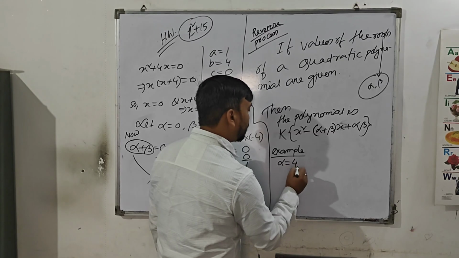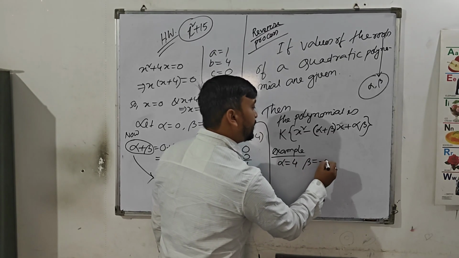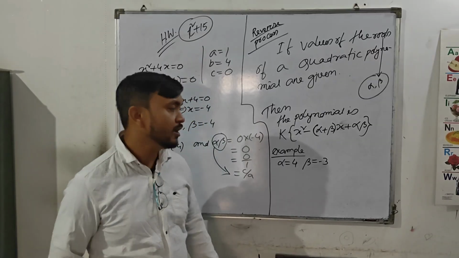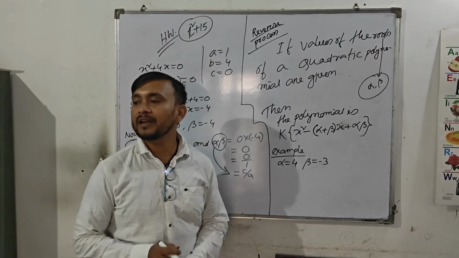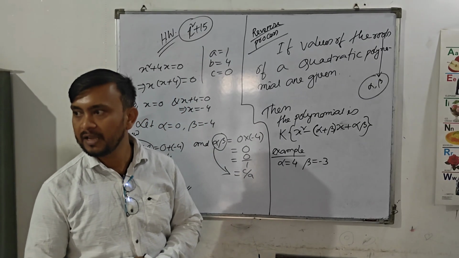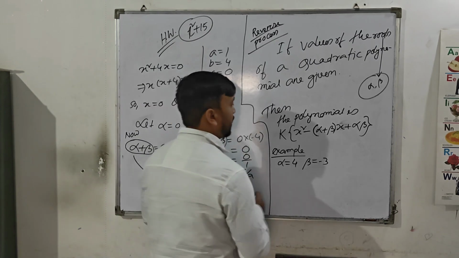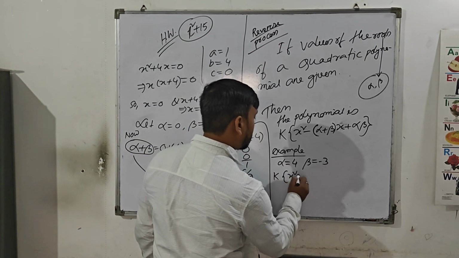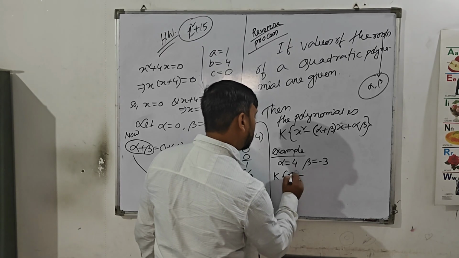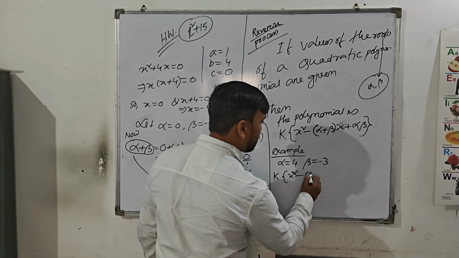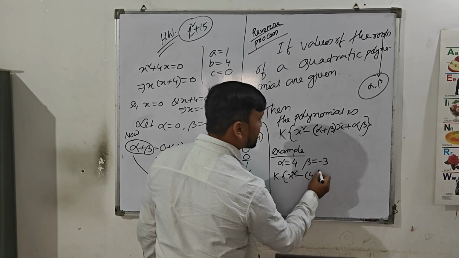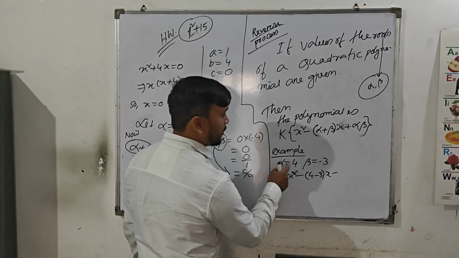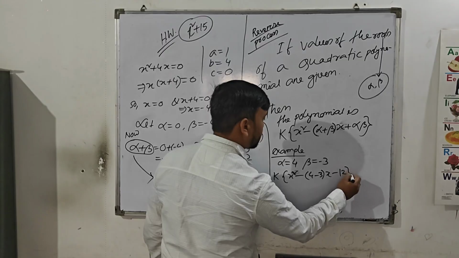Alpha equal to 4, beta equal to minus 3. Just imagine we have a polynomial whose zeros are 4 and -3. Can you create the polynomial? Let us do it. k times x square minus (alpha plus beta), means plus, minus, minus, alpha into beta, 4 into minus 3, minus 12.